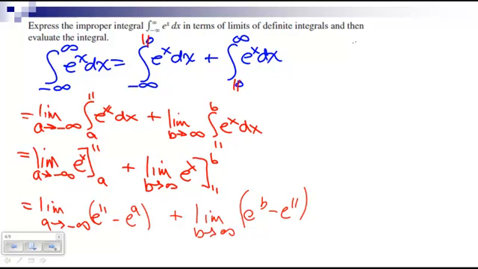They diverge if the limits do not exist. So I want you to focus right here. Does the limit exist as b approaches infinity of e to the b minus e to the 11?